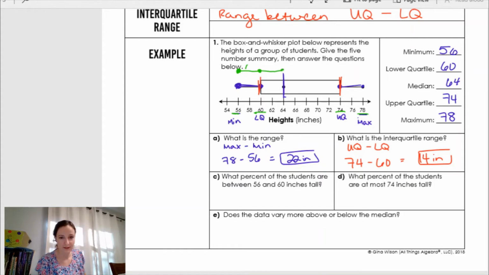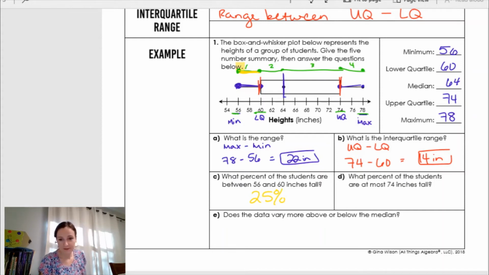From here to here is your second 25%. From here to here is your third 25%. And from here to here is your fourth. Okay, so we're only talking about, though, from 56 all the way to, oh, let me get my yellow pen here. We're only talking about here 56 through 60. Okay, so that is just one 25%.